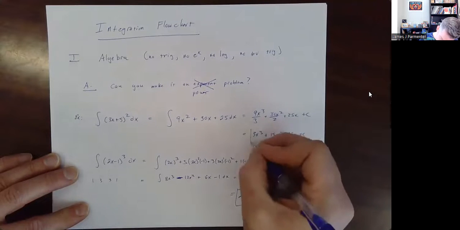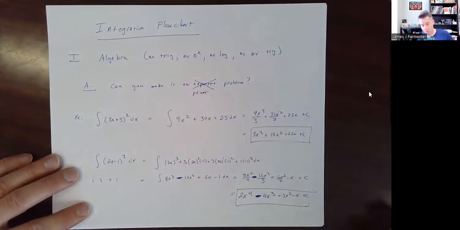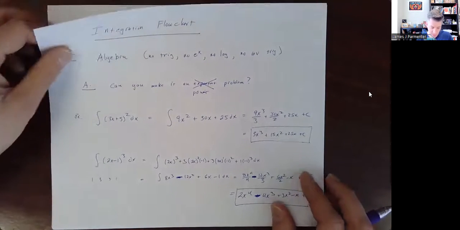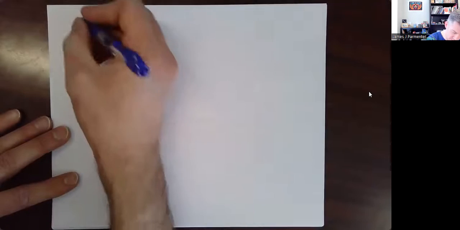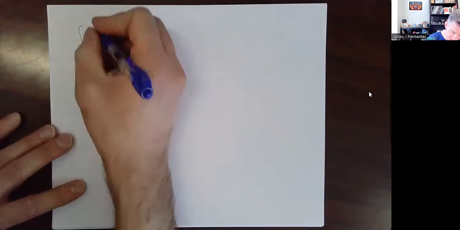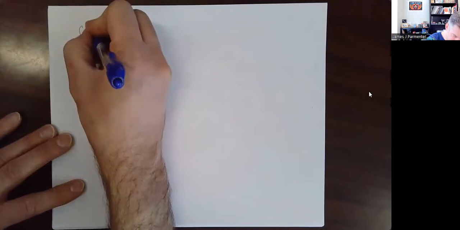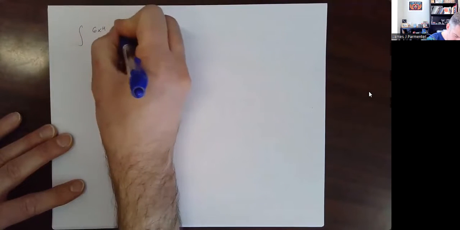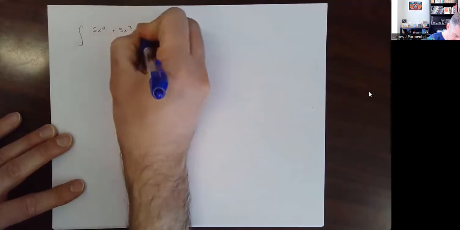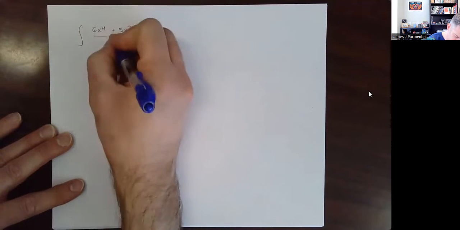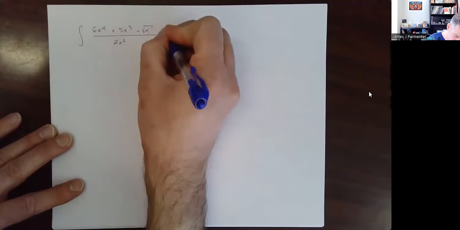One more example of this kind of making it an exponent or a power of x problem would be if you have something that's like a rational expression where the denominator is just one term. So for example, the integral of 6x to the 4th plus 5x cubed minus the square root of x, all over 2x squared.